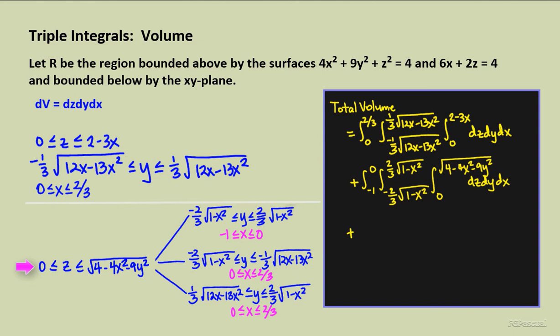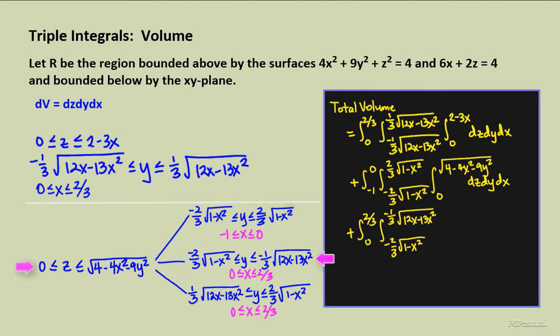For the third integral, that is integration on one of the little pieces, the one below the x-axis, integration with respect to x goes from 0 to 2/3. Integration with respect to y goes from minus 2/3 times the square root of 1 minus x squared to minus 1/3 times the square root of 12x minus 13x squared.